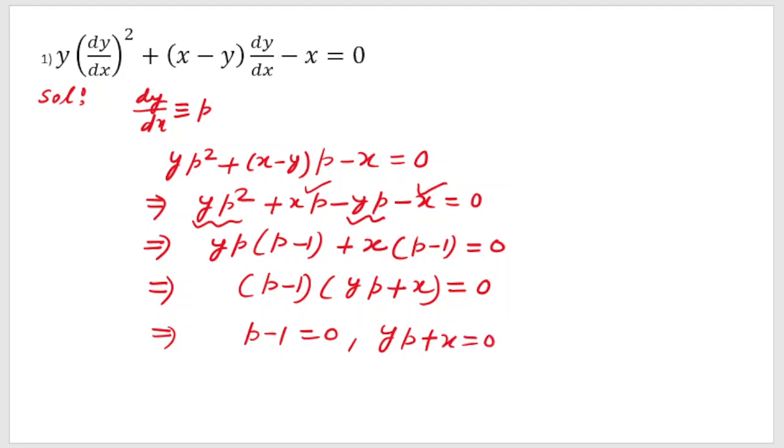Now you might be clear that if we have an equation of degree 2, we will get two different values of p, and now we have to separately solve them. So how to solve them separately? Let us take one by one. If I take p minus 1 is equal to 0, what is p minus 1? p minus 1 is basically dy by dx minus 1 is equal to 0.